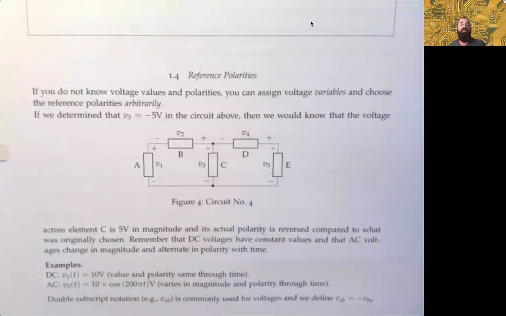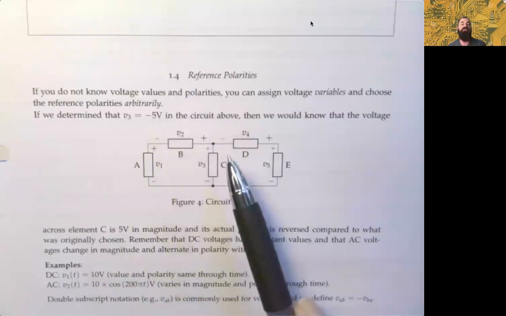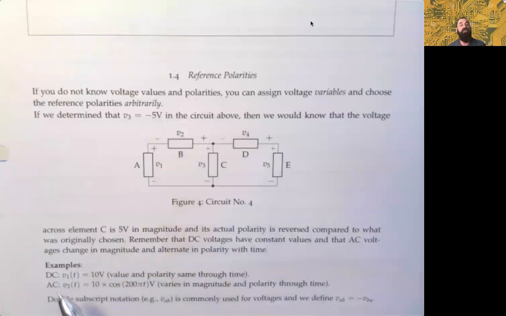There's nothing wrong with the magnitude, but the fact that this is negative means we have the polarities actually reversed.